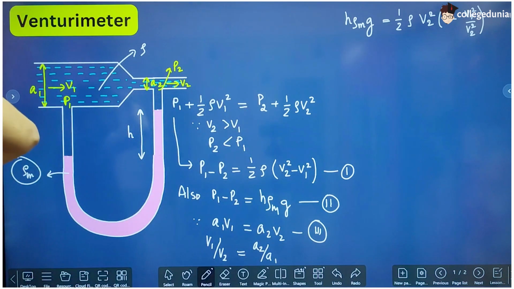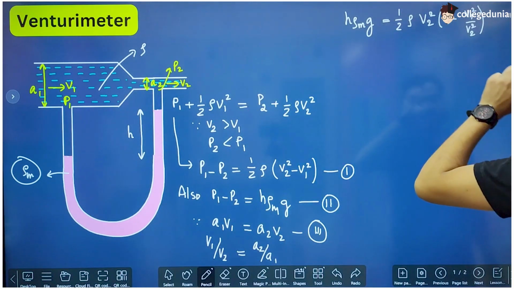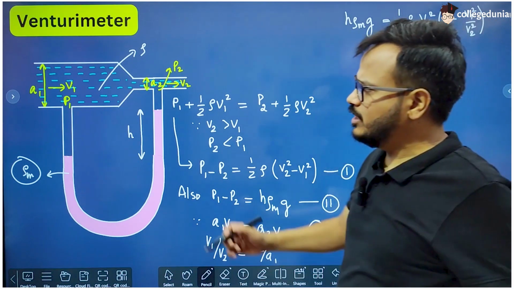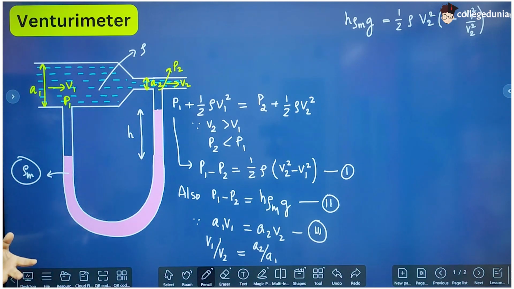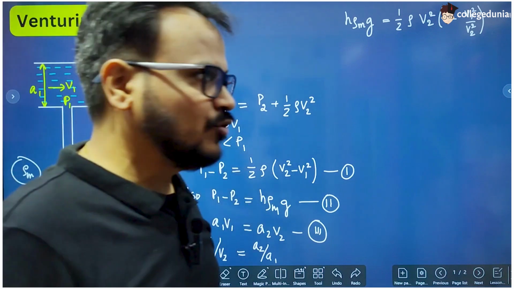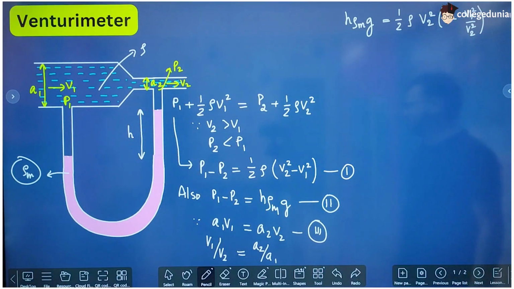Okay, so the idea is to substitute more and more known terms in place of variables. Obviously, we have no idea about the velocity of the liquid in this part and in this part. If we would have known the velocity, then why would we do all these things just to find the rate of flow? We could simply multiply the velocity with the area and get the rate of flow.